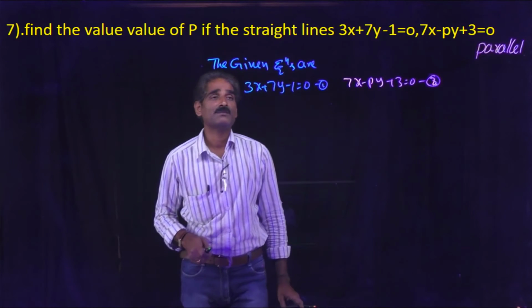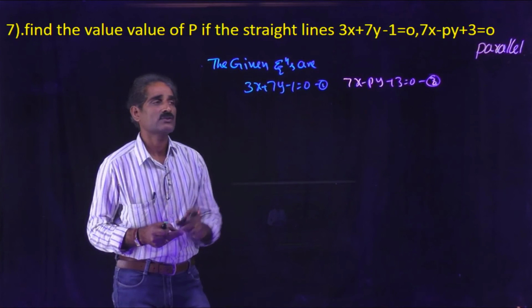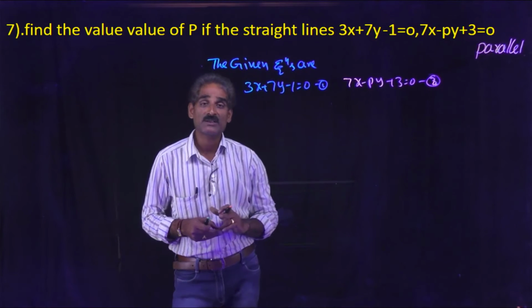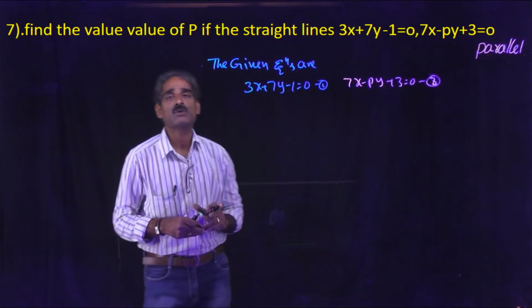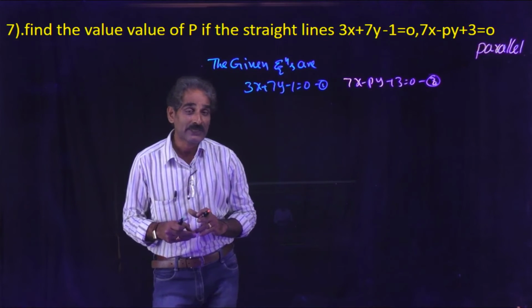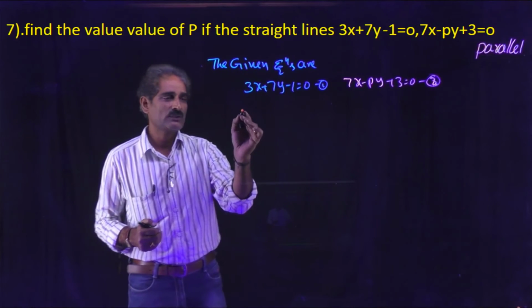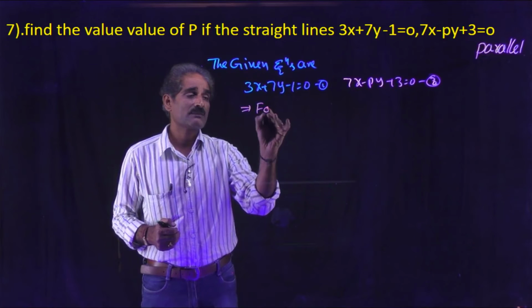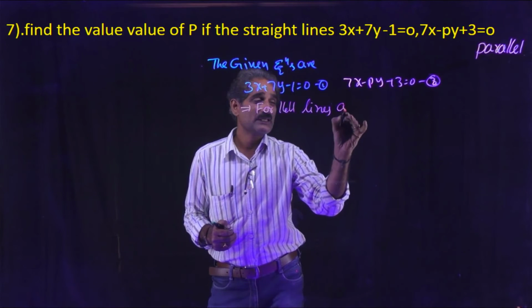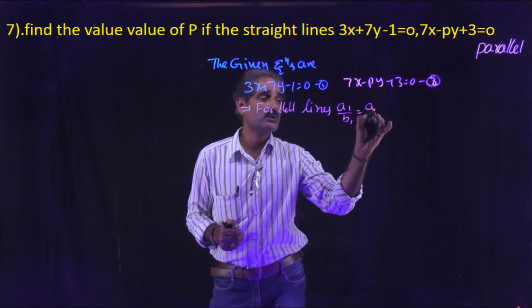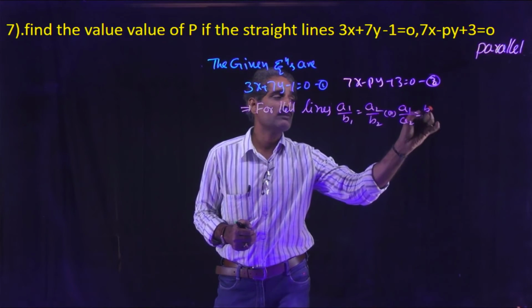See this problem. Find the value of p if the straight lines, these two, are parallel. The given equations are these two. You know the condition for parallel lines. If a1x plus b1y plus c1 equal 0 and a2x plus b2y plus c2 equal 0 are parallel, then a1 by b1 equal to a2 by b2, otherwise slopes are equal. So write down the condition: a1 by b1 is equal to a2 by b2, or a1 by a2 is equal to b1 by b2.